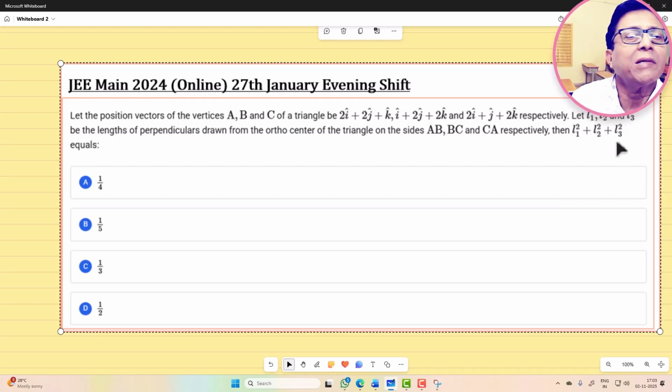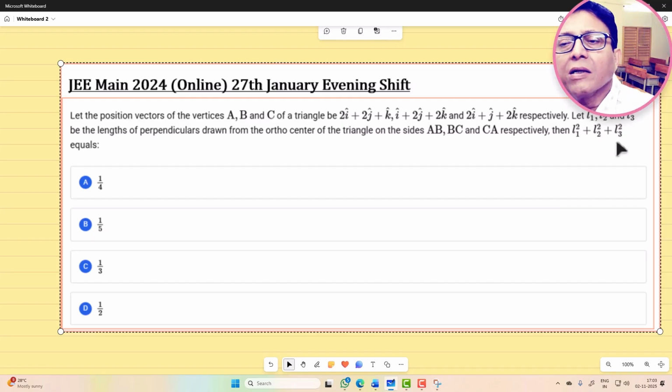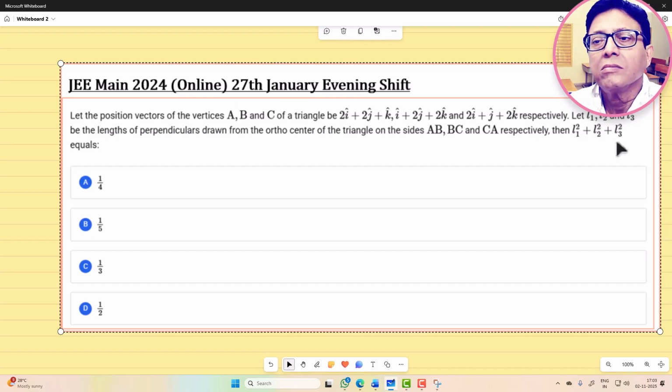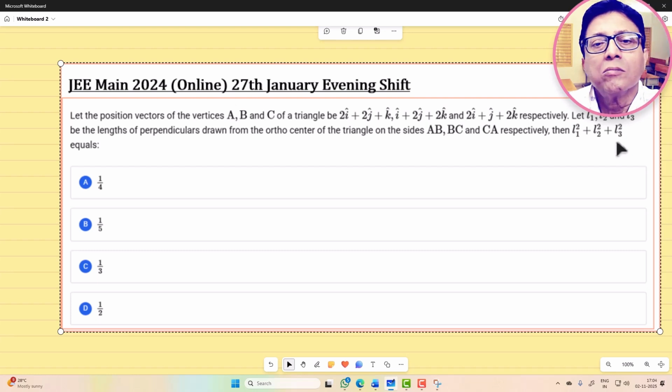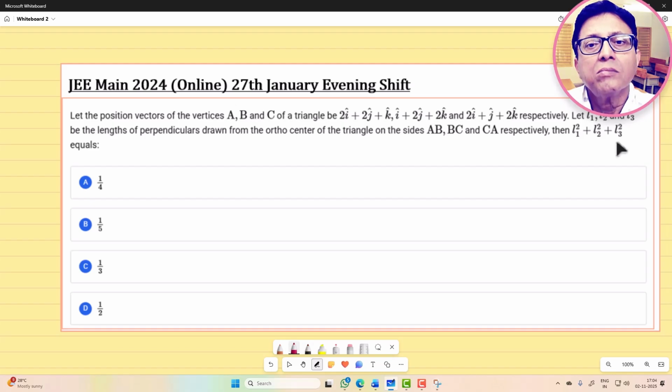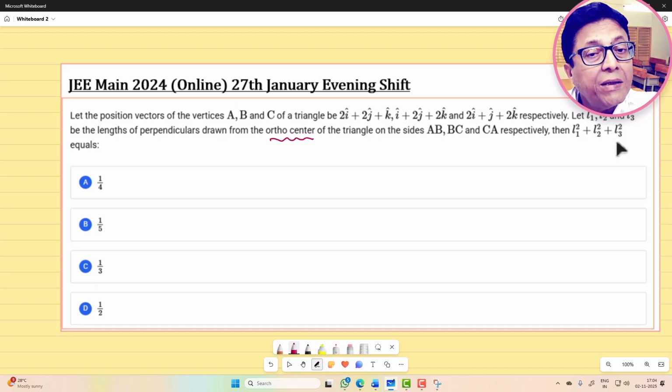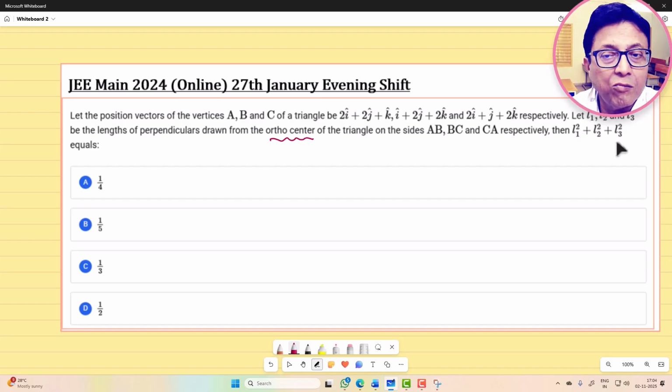Look at the sum given. Orthocenter, no one finds in vector. Orthocenter of the triangle, from there the lengths of perpendiculars are given. If there is nothing very special about the sum, then the orthocenter will not be of any help here, I tell you.